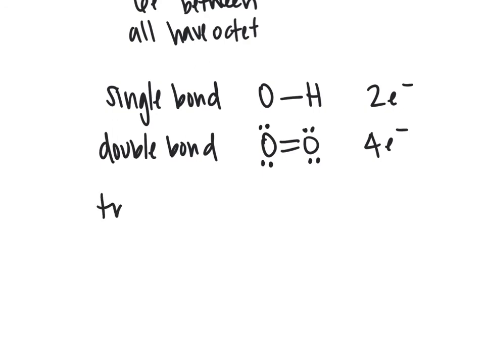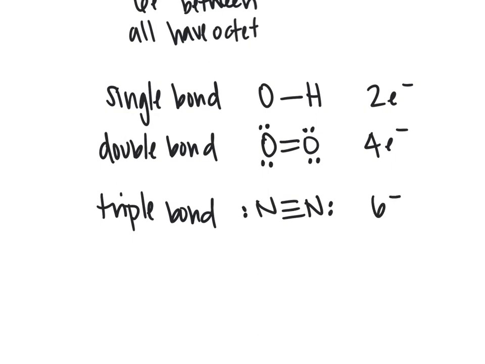Or we can have a triple bond between nitrogen and nitrogen, and there are 6 shared electrons. So all of these bonds we're going to see over and over again in this section.